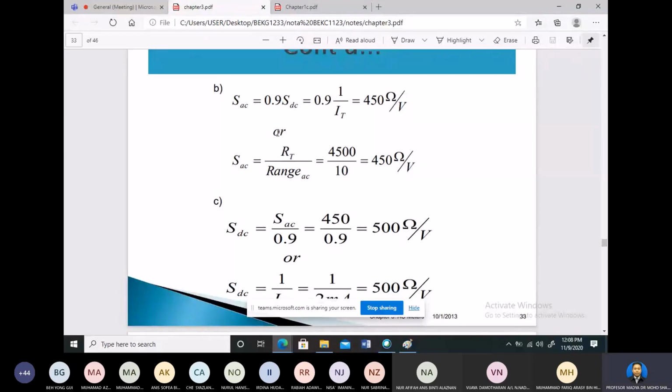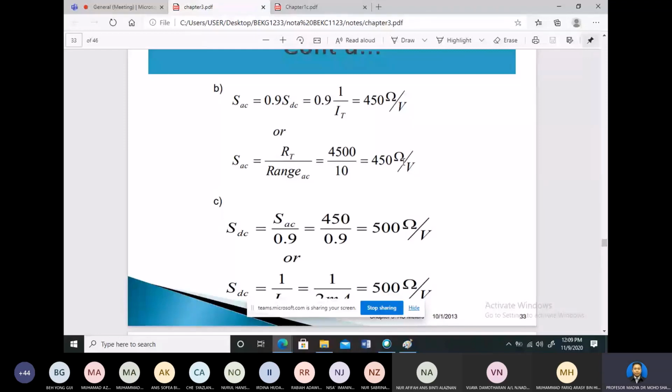Or you can use the other formula, RT divided by the AC range. The answer will be the same. For example, RT is 4.5 kilo divided by 10, so the answer is 450 ohm per volt. That is the sensitivity for AC.